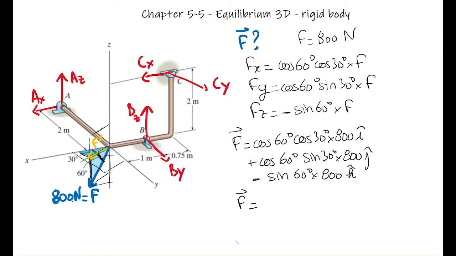That's 346 on I hat, plus 200 on J hat, and minus 693 K hat, in Newton. So we did the first step: we found the force F at this point O.